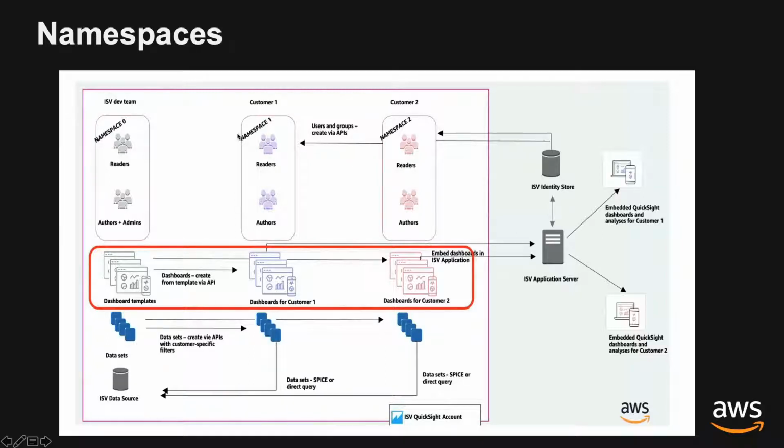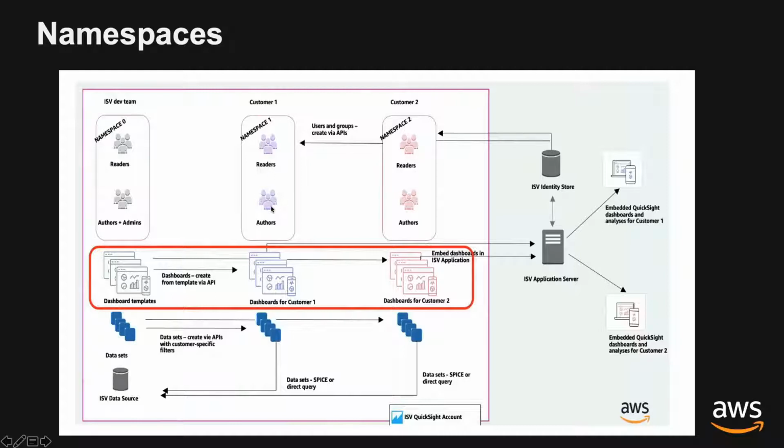With namespace, you can create a new namespace for each one of your clients or customers that you want to onboard into your environment. So for example, for customer one, we have created namespace one. Any user and group that is part of customer one can be provisioned within namespace one. And similarly, users and groups part of customer two can be provisioned under namespace two.